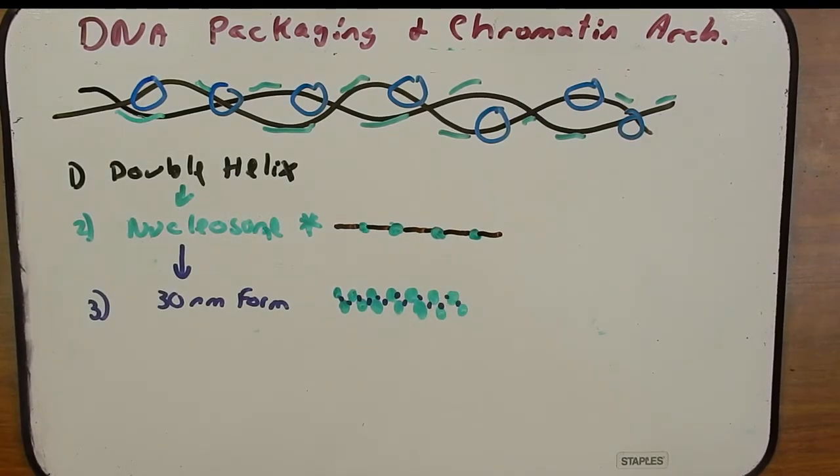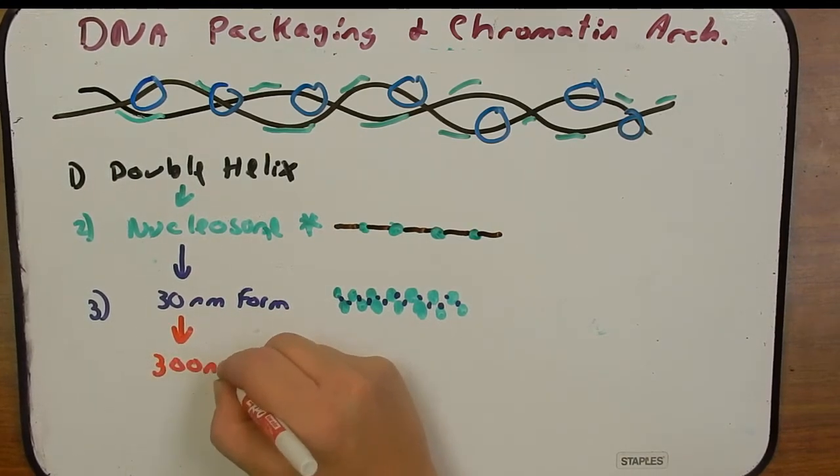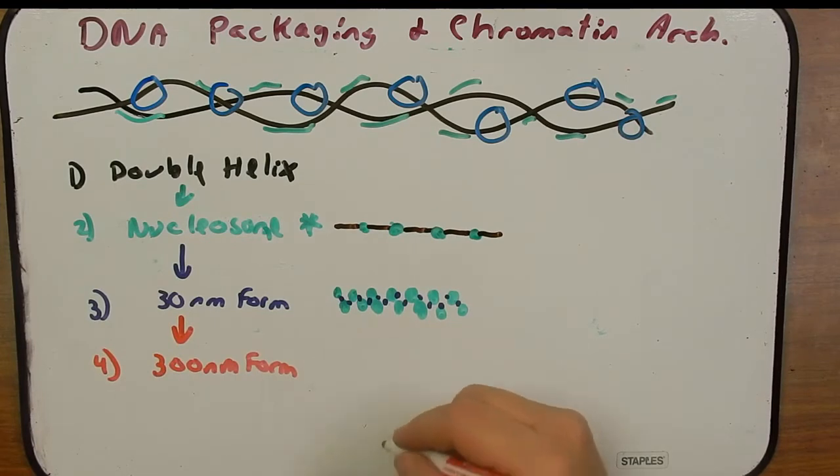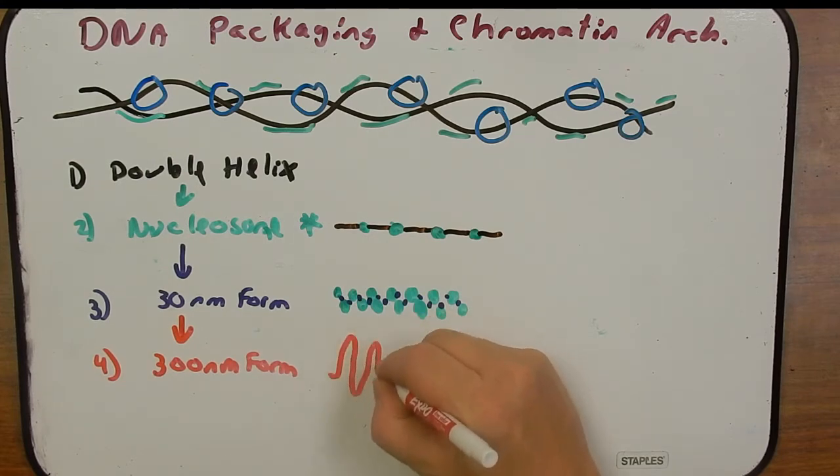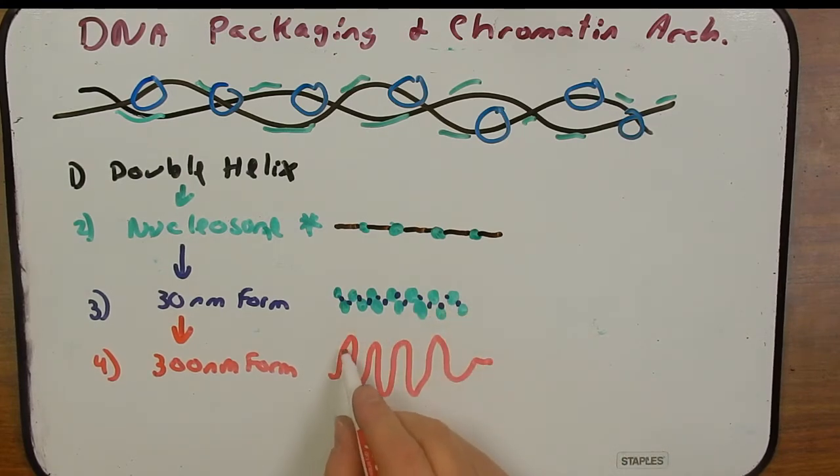This then gets packaged up even further into a structure we're going to call the 300 nanometer form. We will begin to see this more associated with chromosomes, and we really understand very little about what's happening here. So I'm going to draw it kind of like this at first. What we think is happening here is that within each of these smaller regions we have a condensed form of this 30 nanometer form.